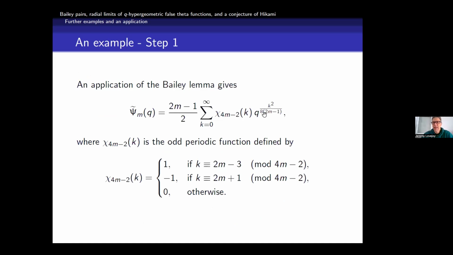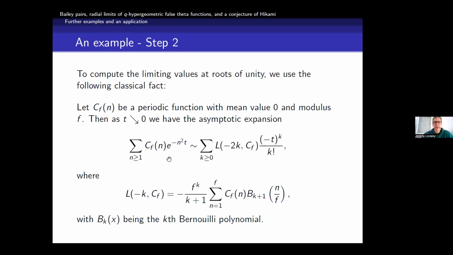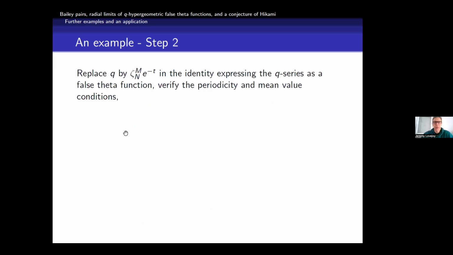And if you do that, then over here you have something which looks something like this: e to the minus n squared t and something in front. Then you have to verify that it satisfies the conditions of this result, so you have to verify the periodicity and the mean value conditions. And then the constant term gives a limiting value.